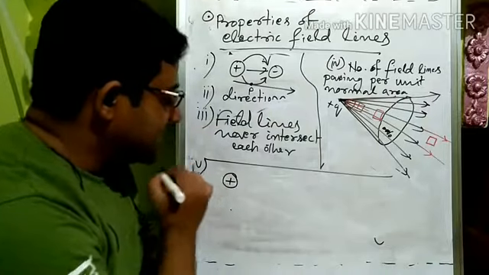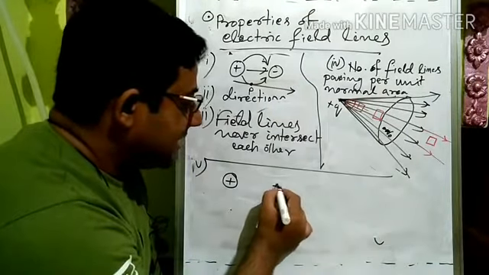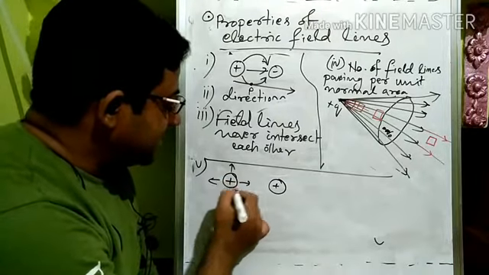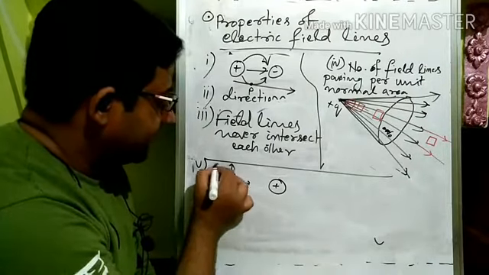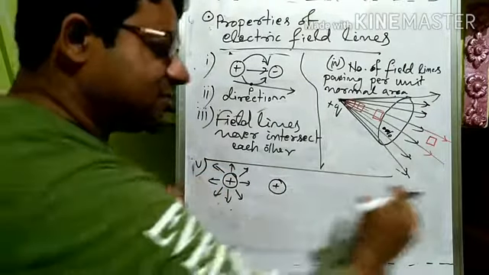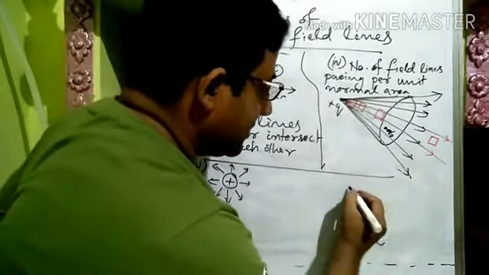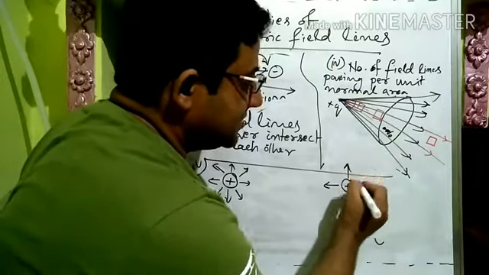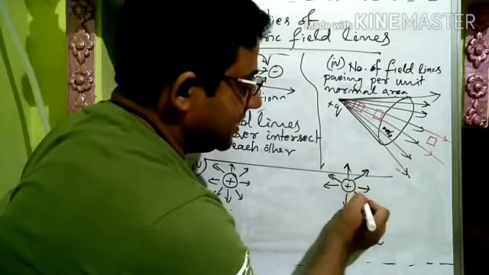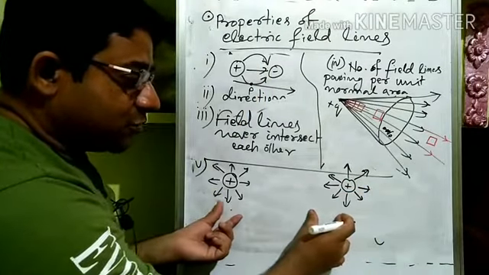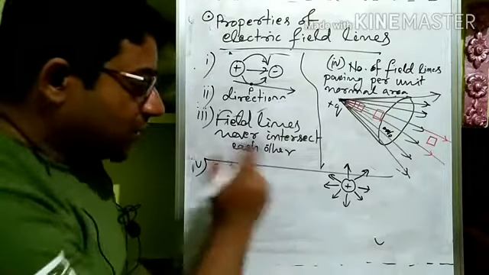See, if there is a plus charge, and there is another plus charge. Now field lines are going away from the plus charge, yes or no? Initially these two are very far, let us say. Electric field lines are going away from the plus charge. This also is a plus charge, so electric field lines are going away from it. When you bring these two closer and closer, what will happen?